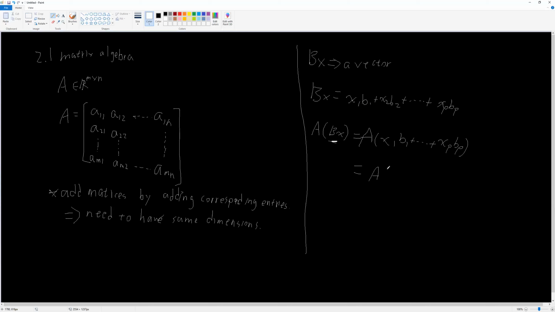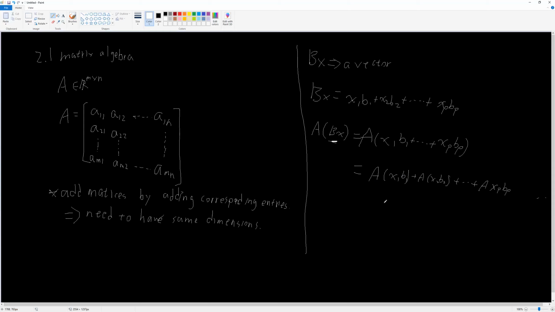So we get A times x1 b1, plus A x2 b2, plus dot dot dot plus A xp bp. Okay. So here we can see that the vector A times Bx is actually a linear combination of the vectors A times b1. Remember that b1 is a vector, right? So A times b1 is a vector.